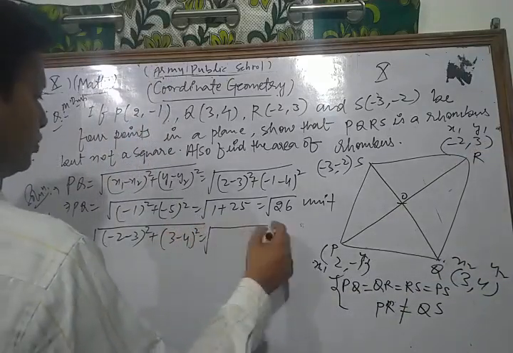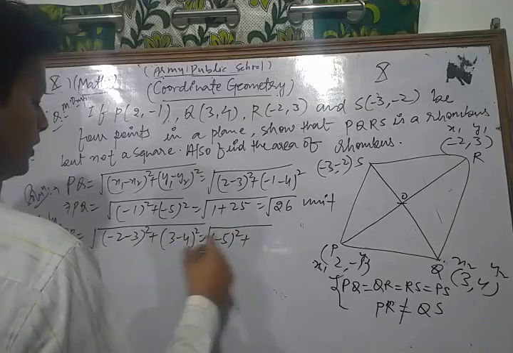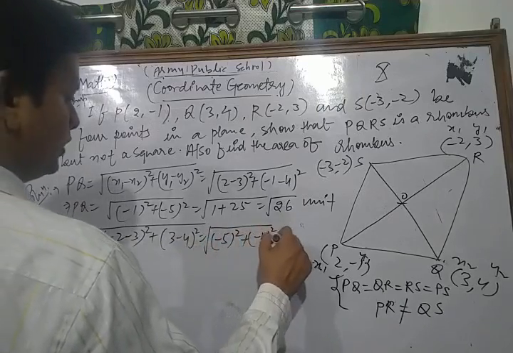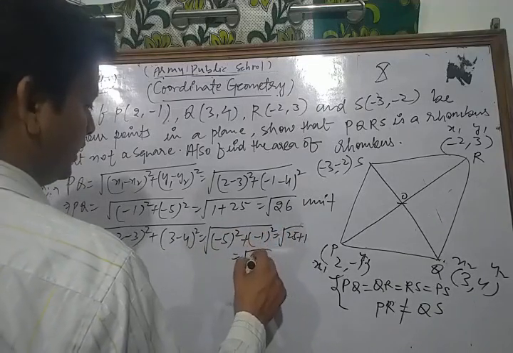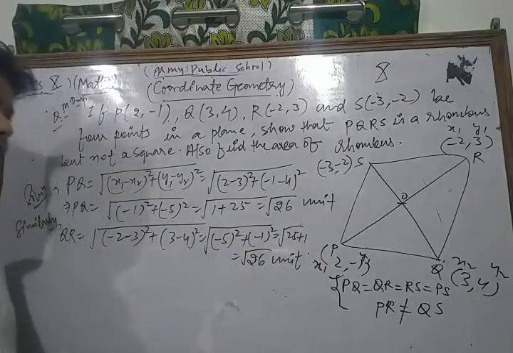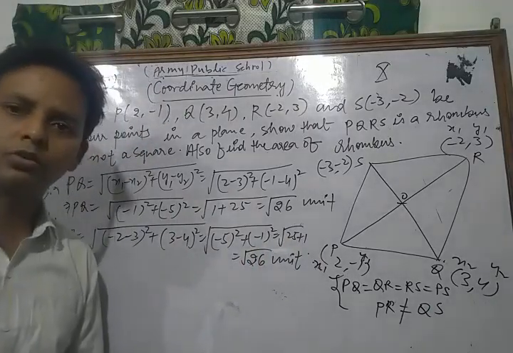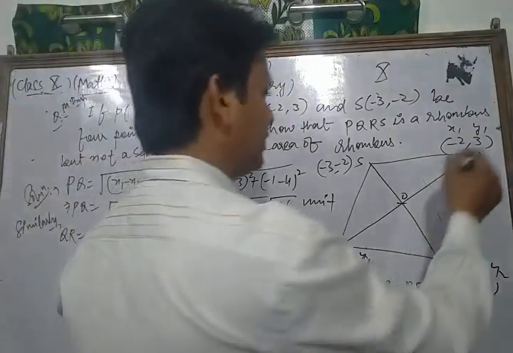Now we simplify them. So we get minus 5 whole square plus minus 1 whole square. This is 25 plus 1, that is under root 26 unit. So the distance QR is also equal to under root 26 unit.